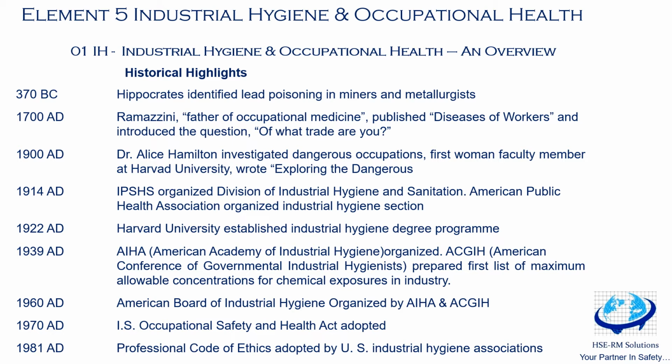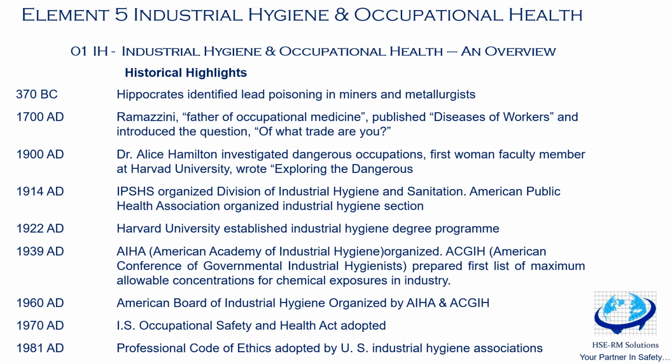They started educating people, because we must first educate people before formalizing; only then will people come to know. Then in 1939 came the AIHA, the American Academy of Industrial Hygiene. Now this was organized. Then came ACGIH, the American Conference of Governmental Industrial Hygienists. They prepared the first list of maximum allowable concentrations for chemical exposure in industry.